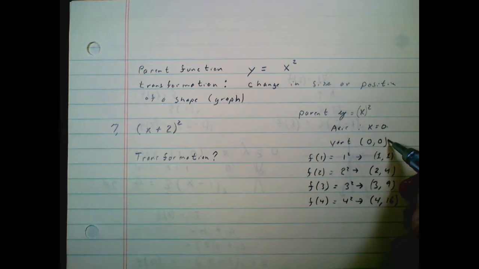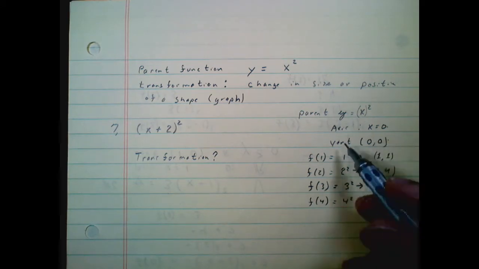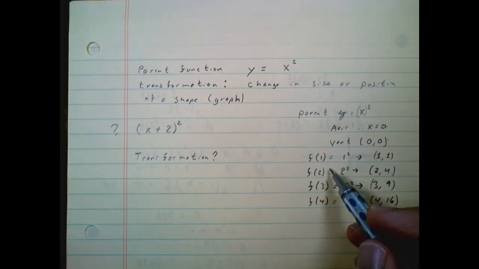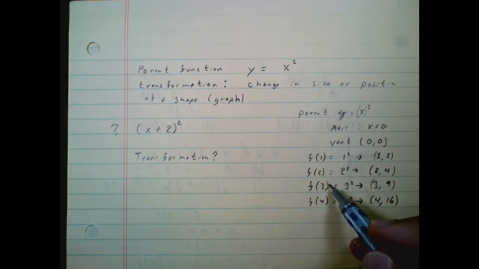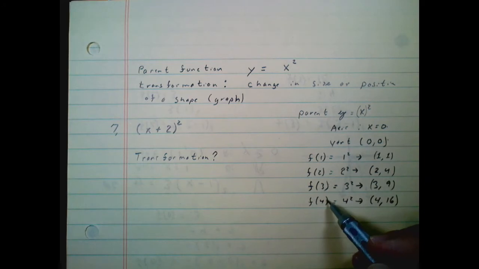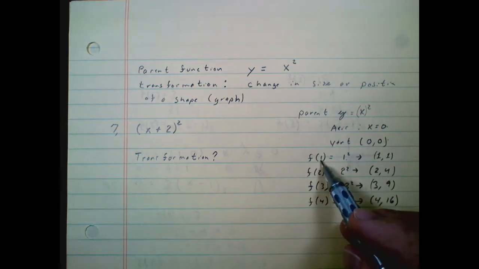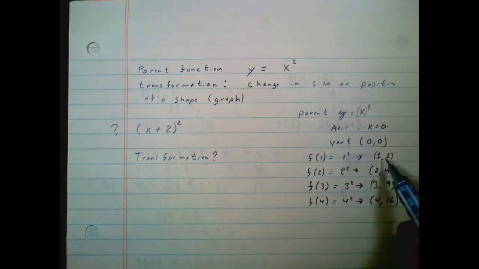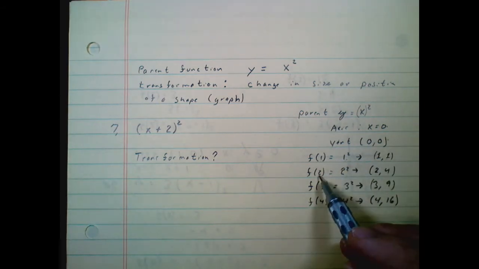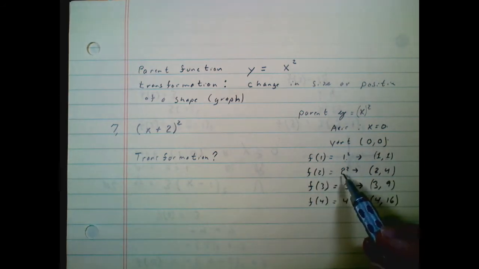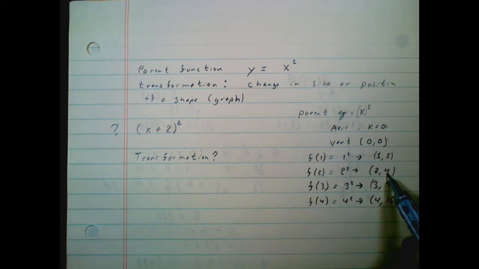So that means if we were to graph this, I put in some points. I tried to find out what was f of 1, f of 2, f of 3, and f of 4. I just plug that in. So 1 squared gives me 1, because 1 squared is 1. When I plug in 2 for x, what I get back is y. 2 times 2 is 4.